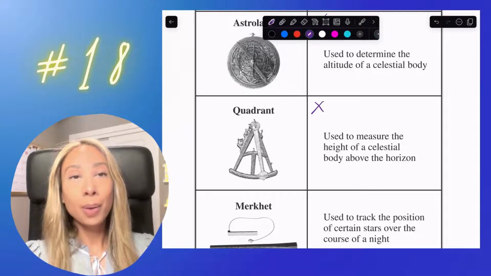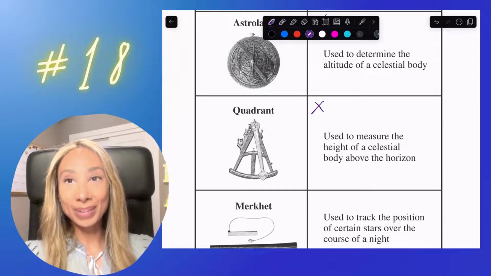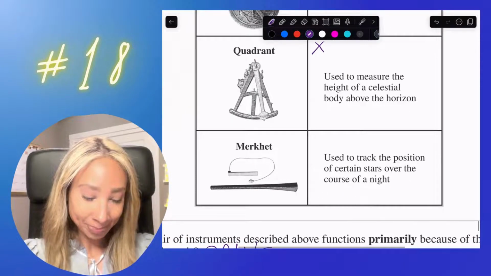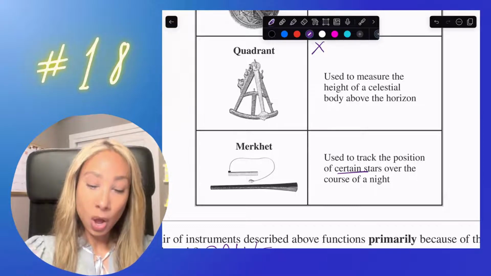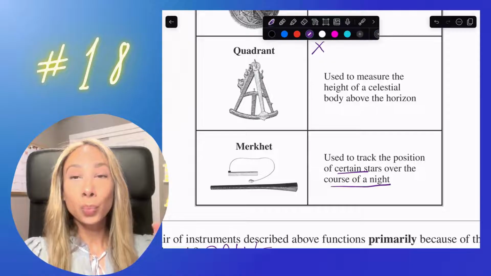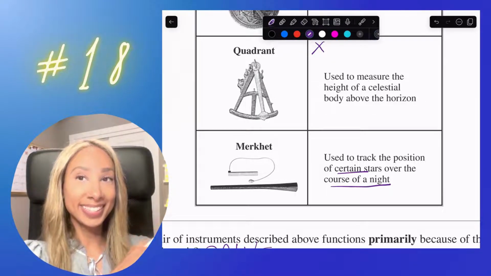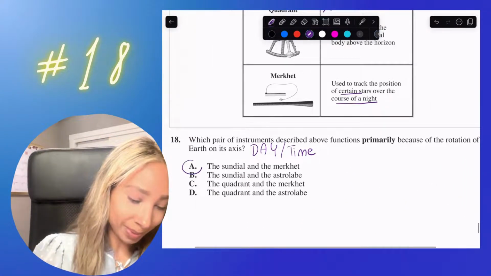Cool technology, but not really going back to the primary function of the rotation of Earth on its axis. And our last tool is used to track the position of stars over the course of a night. So that one definitely, as we rotate, we are going to view our stars a little bit different. It's the reason why our sun sets and rises, right? So for this one, our option is going to be A.